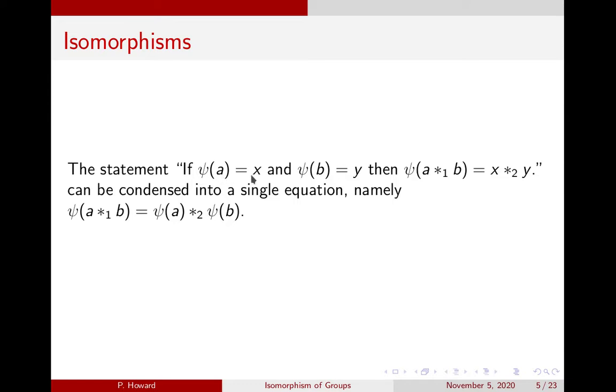If psi of A is X and psi of B is Y, then psi of A star 1 B should be X star 2 Y. Well, we can condense this into a single equation if we replace this X by psi of A and this Y by psi of B. We get it condensed into a single equation: psi of A star 1 B has to be equal to psi of A star 2 psi of B.